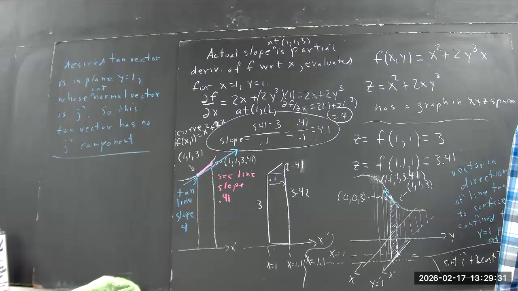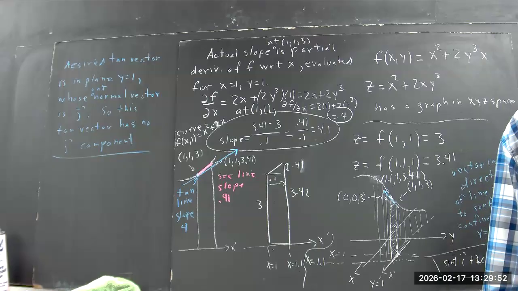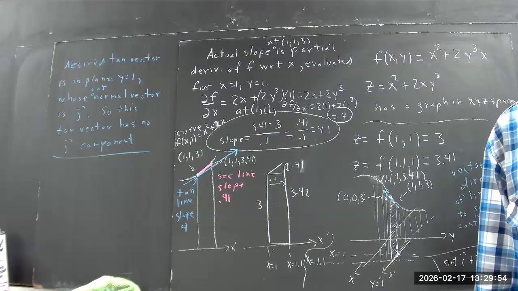How long should the i component be? Well, I'm going to suggest that 1 is really a convenient number. Now, any number but 0 would be okay. If 0, it wouldn't have an i component, right? But 1 is really convenient. So if the i component is 1, what's the k component?